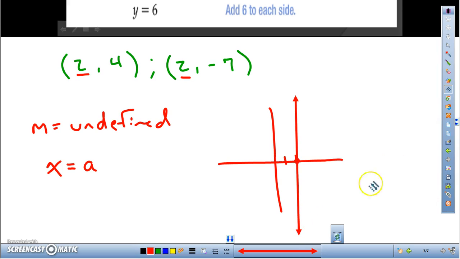So just like every y value was the same with horizontal lines, now every x value is the same with vertical lines. So if I have one x value, then I've got them all. And so they gave me the x values here and here.